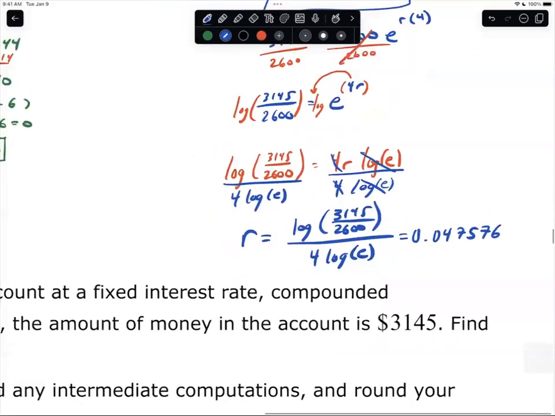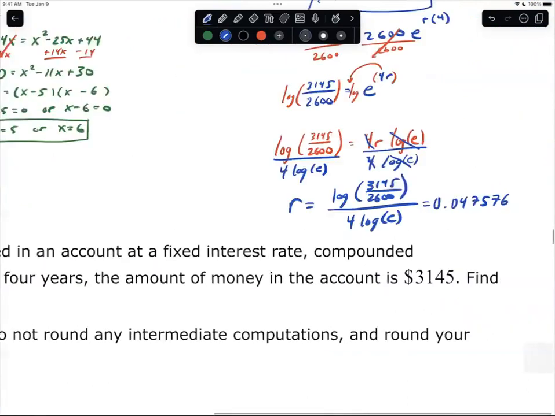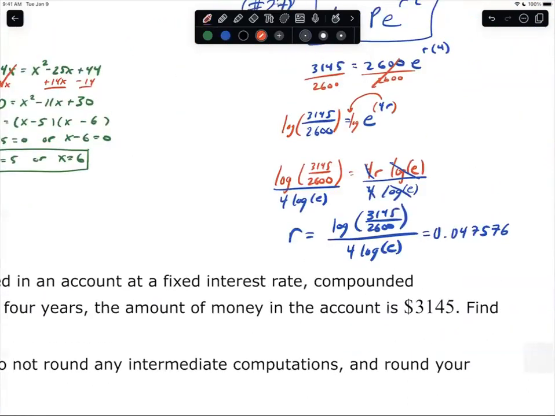It does say right there, round to the nearest hundredth, and write your answer as a percentage. So if we move the decimal place over 2 places, we get 4.76%.